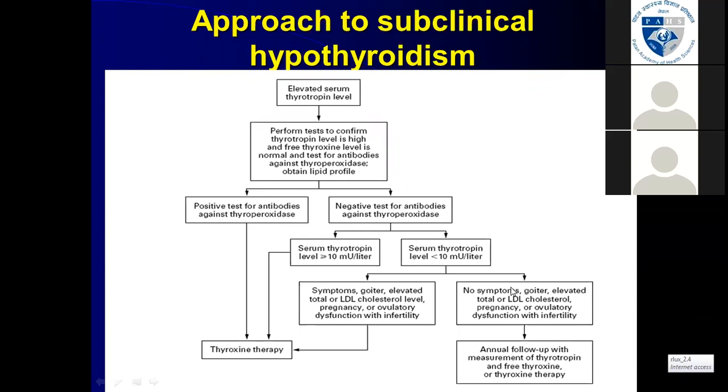Approach to subclinical hypothyroidism. When there is an elevated serum TSH level, this is not thyrotropin, this is the TSH level, then we have to perform tests to confirm that the TSH level is high and the free thyroxine level is normal, and a test for antibodies against TPO should be obtained, along with a lipid profile.